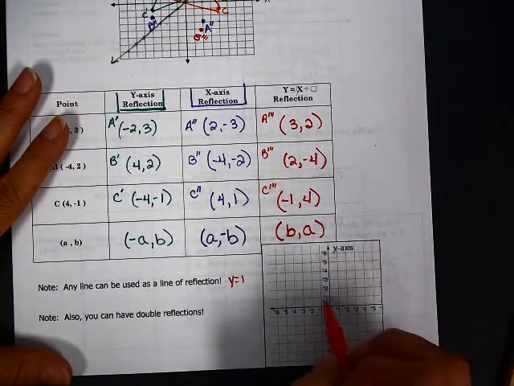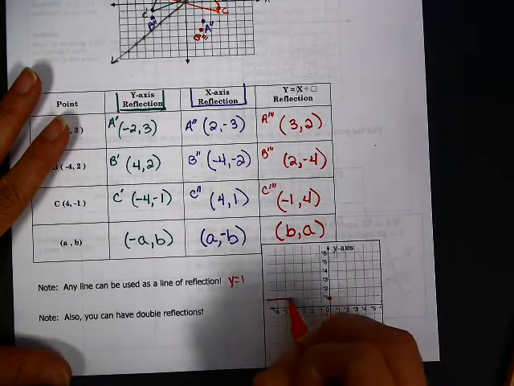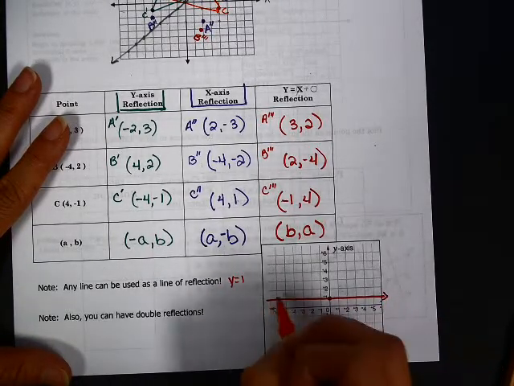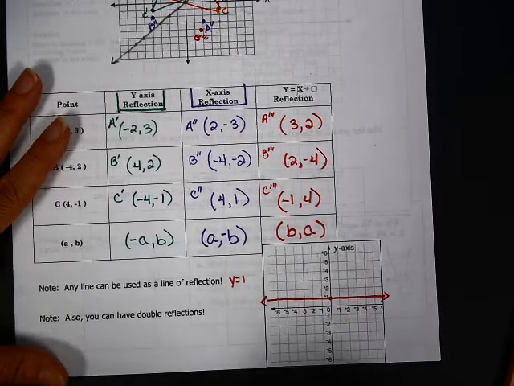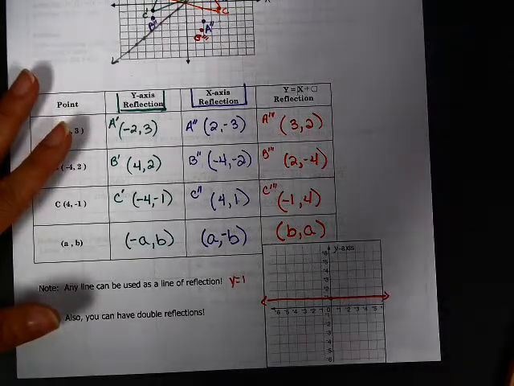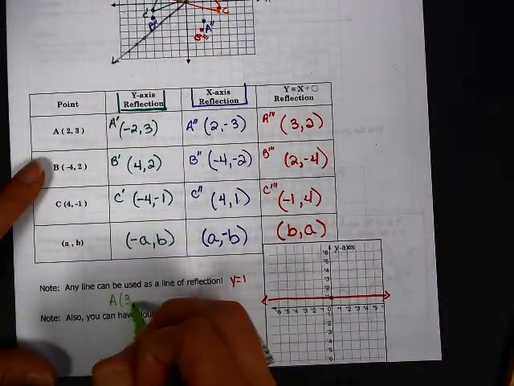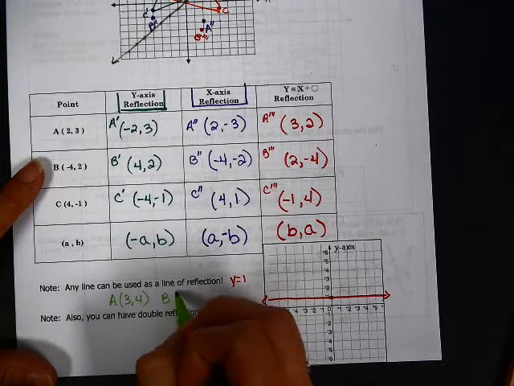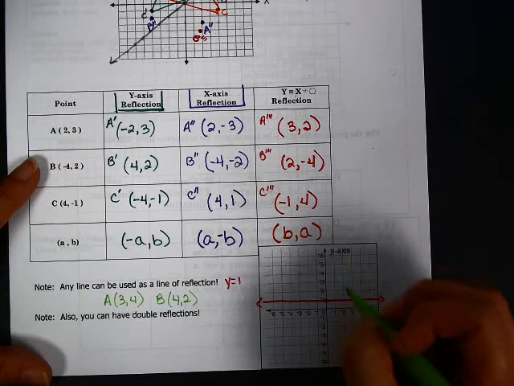Y equals 1 would be right here, a horizontal line where y continues to be 1 in every single ordered pair on that line. Now let's take the points 3, 4, and 4, 2. And I'm going to graph those.